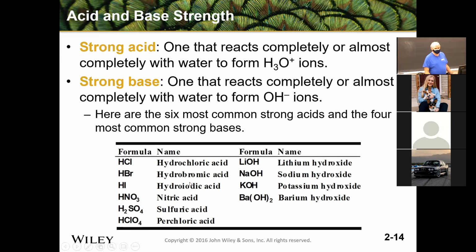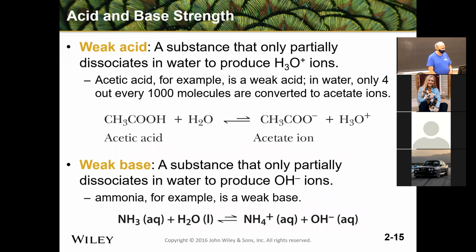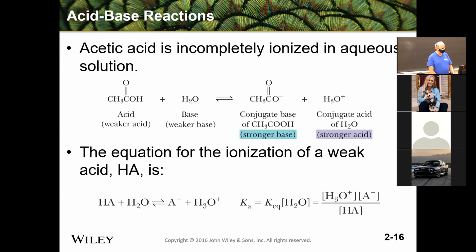There's only about 6 of them. Okay, these are some of the strong bases. Okay, there are, of course, bases that are stronger than hydroxide. A weak base and a weak acid are those that are incompletely ionized in water, or incompletely ionized in general, not necessarily in water.